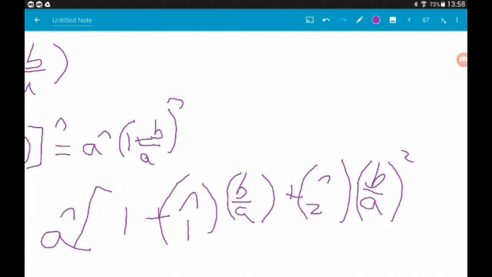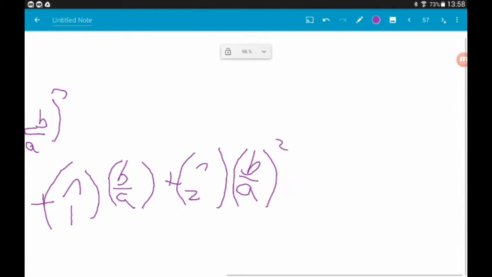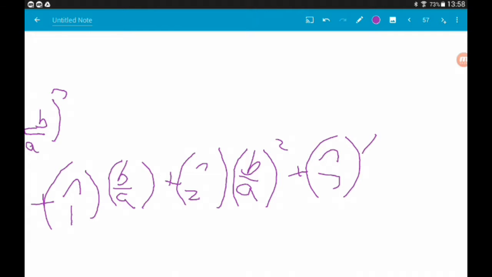So what's happening inside of the expansion, instead of worrying about two different terms being set to powers, by factorising that A term out, we've reduced one of the terms in the expansion to just A1. So this is just going to carry on. We're then going to have n choose 3, lots of B over A cubed.